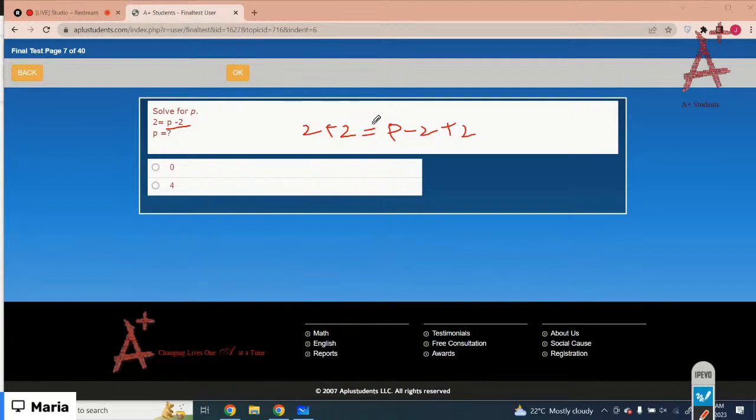Got it? 2 minus 2 is 0, so you're left with p here, and 2 plus 2 makes 4, so it would be p equals 4. The correct option is 4.